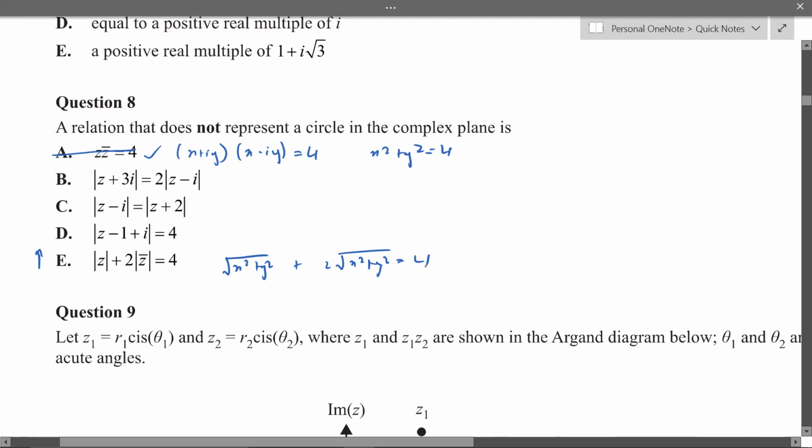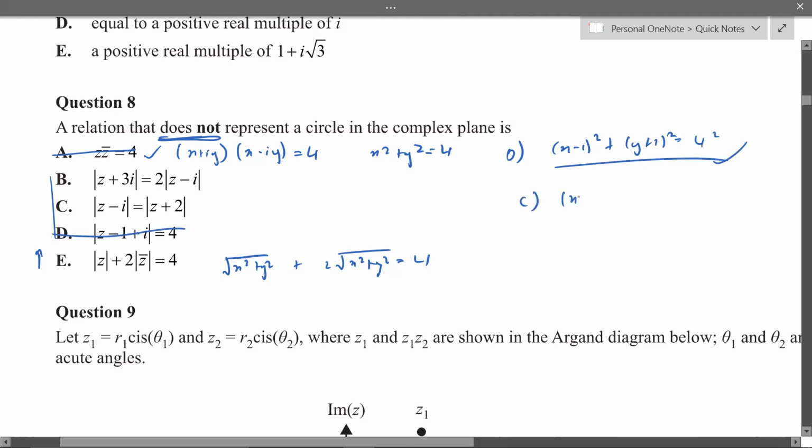We don't know if it's a circle or not, so I'll probably skip it and come back to it if the other 3 don't work, or they do work, because it's asking for the one that doesn't work. So for D, we do x minus 1 squared plus y plus 1 squared equals 4 squared, so x squared minus 2x plus 1. Oh, we don't even have to do that. We can just see it's a circle, so it's not D.